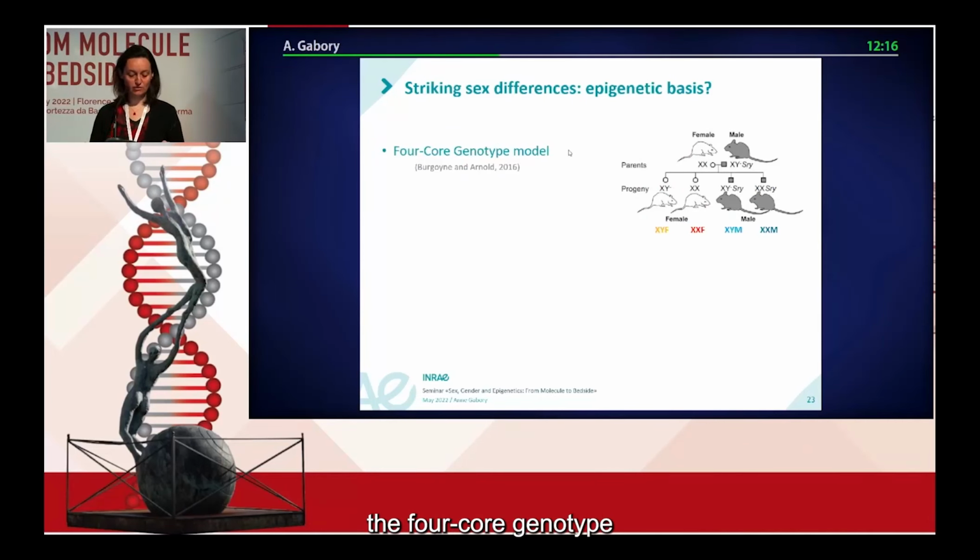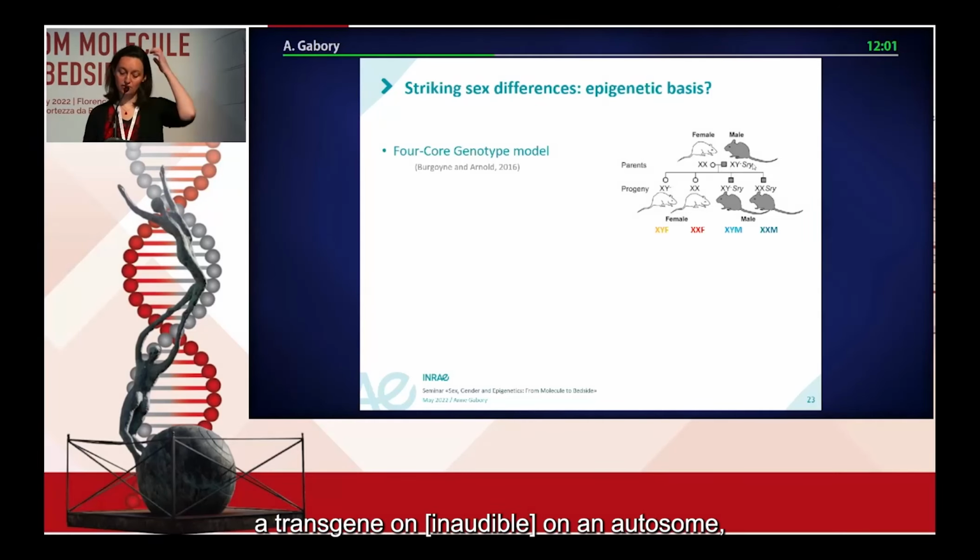that you can assess with this animal model, the four core genotypes, where a wild-type female is crossed with males that have a deletion of SRY on the Y chromosome, called the Y minus chromosome, and that have a transgene of SRY on an autosome, so they are XY minus SRY.